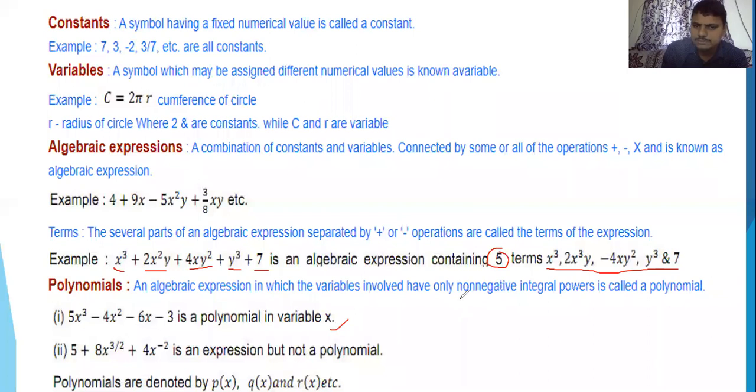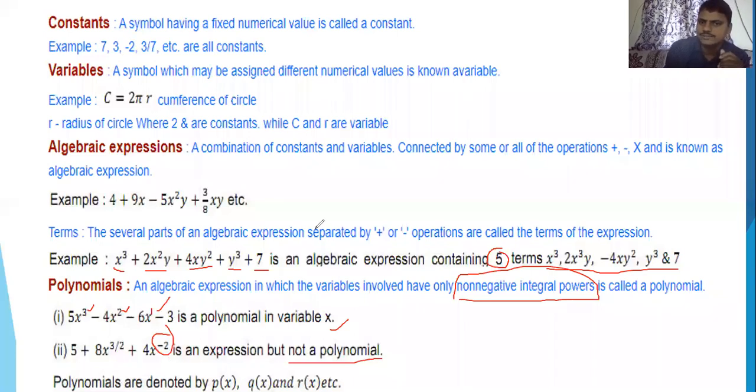If you observe, children, non-negative integral power means the power is a positive integer. Here 3 is a positive integer, 2 is a positive integer, and here where nothing is written, the power 1 is a positive integer, so it is a polynomial. Here minus 2 power is negative, that's why it's not a polynomial. So these are 2 examples. Polynomials are denoted by P of x, Q of x, R of x, F of x.